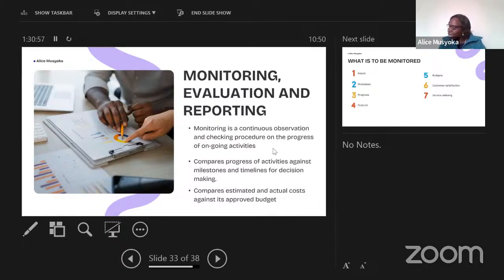That is what monitoring is. So in monitoring, we compare progress of activities against milestones and timelines for decision making. We also compare estimates and actual costs against the approved budget.